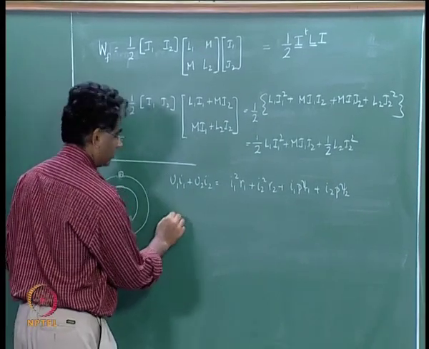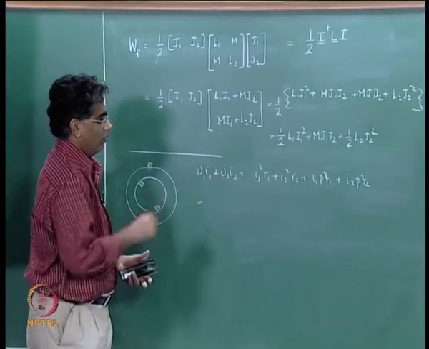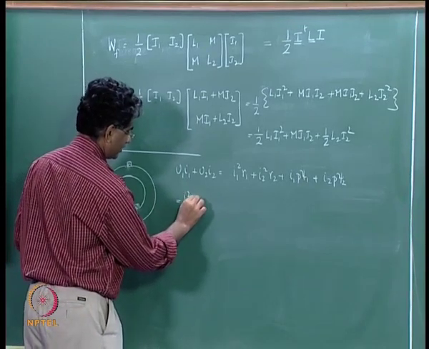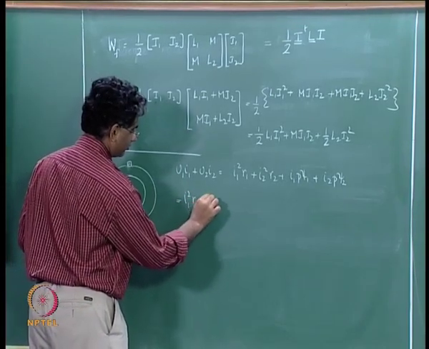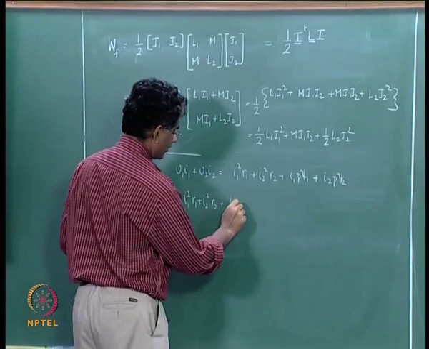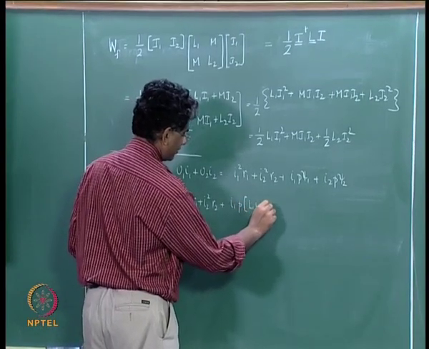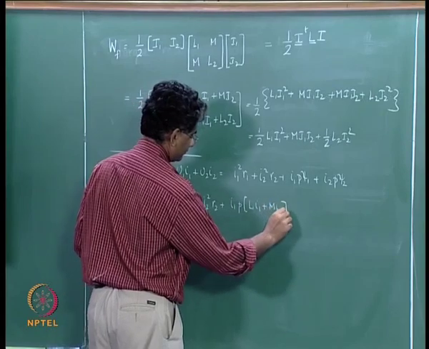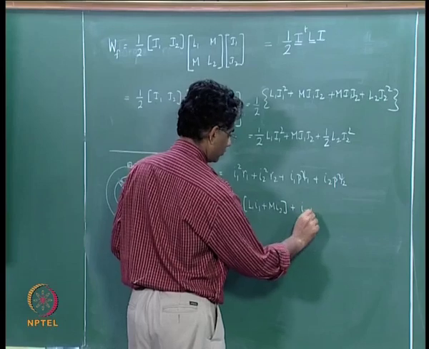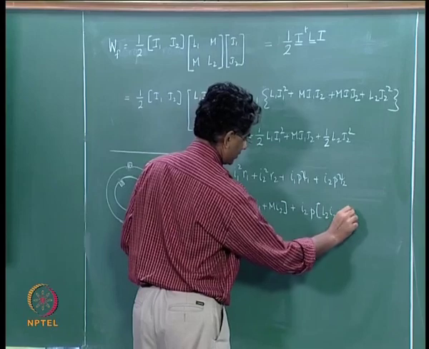And therefore, we now substitute the expressions for psi 1 and psi 2. What you have is I1 square R1 plus I2 square R2 plus I1 into P of L1 I1 plus M I2 plus I2 into P of L2 I2 plus M I1.